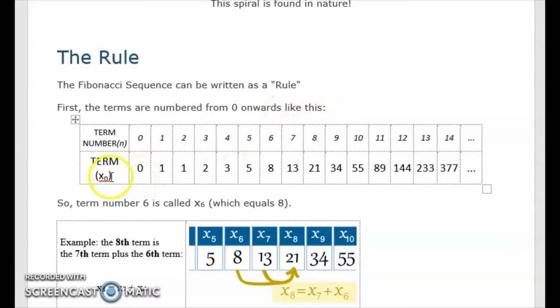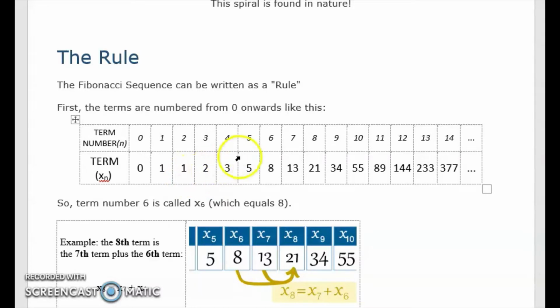Then we will number them with the counting numbers or the whole numbers starting from 0. So the term number is 0, then continuously by counting 1, 2, 3, 4, 5, 6, 7, and so on. So we will get their term numbers.